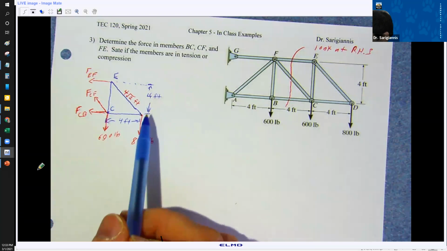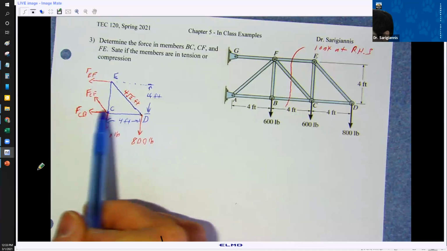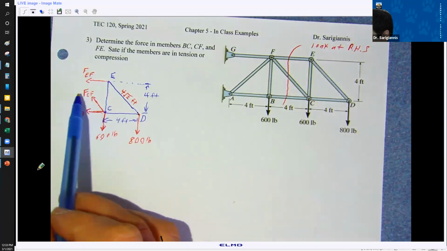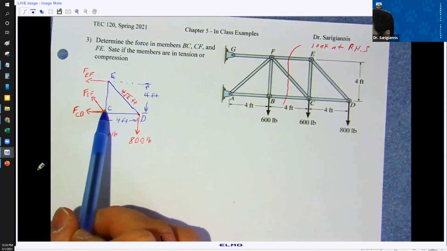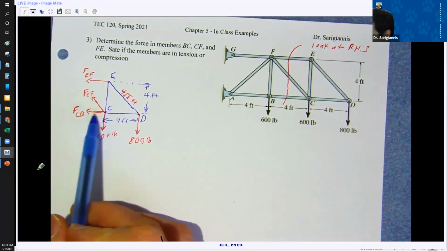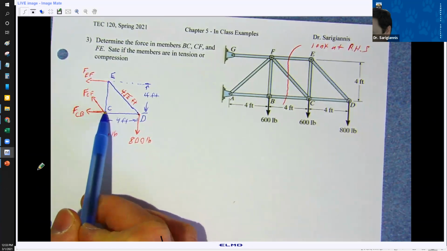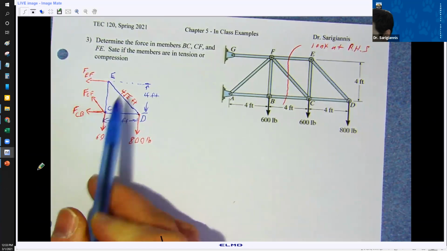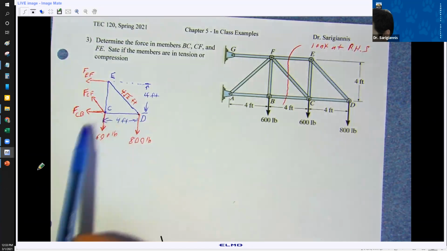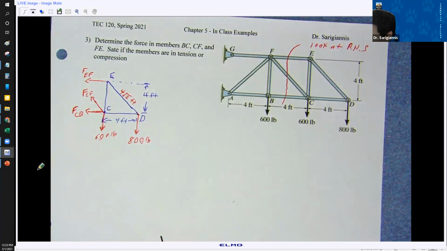If we did about D, we'd still have all these 3 unknown forces, right? If we took it about C, we'd have these 3 unknown forces act on the point of rotation, right? Distance is 0. And we'd have 1 unknown and just 1 known over here.